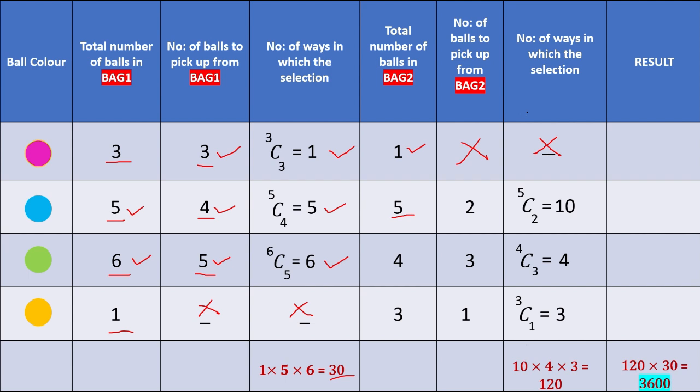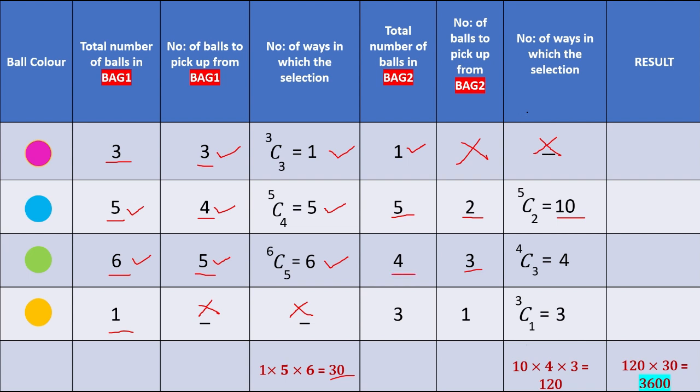Number of ways in which we can pick up 2 blue balls from a total of 5 is 5C2, that is 10. Number of ways in which we can pick up 3 green balls from a total of 4 is 4C3 and the value is 4.